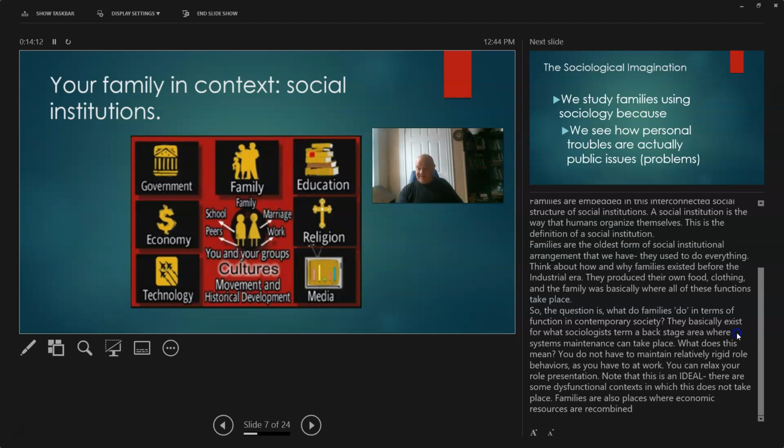They basically exist as what sociologists term a backstage area. This comes from the sociologist Erving Goffman, where systems maintenance can take place. Now, parenthetically, if you're going into an applied field, this backstage area is where function happens, but we also must acknowledge dysfunction.